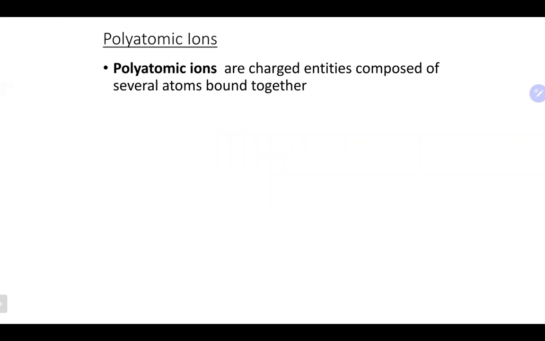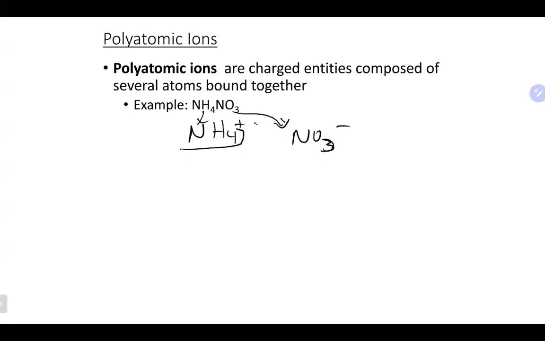All right, so just to finish up here, polyatomic ions are basically groups of nonmetals that are covalently bonded together, but they do have an overall charge, so they are ions. This one right here is NH4 plus, and that is NO3 minus. These are two polyatomic ions. The one nitrogen and four hydrogens have an overall +1 charge.